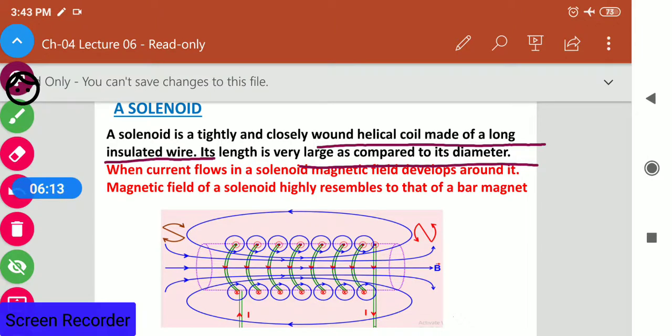When current flows in a solenoid, a magnetic field develops around it, just like the basic concept of the magnetic effect of currents: whenever a current flows in a conductor, a magnetic field develops around it. Since a solenoid is a closely wound helical coil, a magnetic field develops around it. This magnetic field resembles that of a bar magnet.